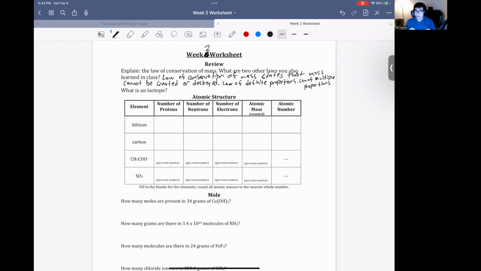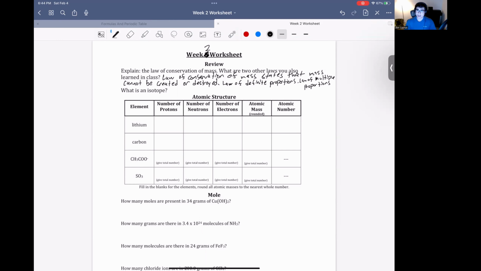Wherever your substance is coming from, if it is the same type of substance, water in this case, it has the same proportions. Now, the law of multiple proportions is saying that if you have 2 different molecules, and they have the same elements, like let's say carbon and oxygen, then the ratio of one element to another should be a whole integer ratio.